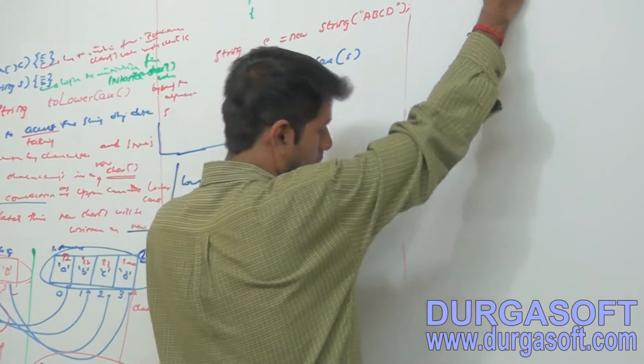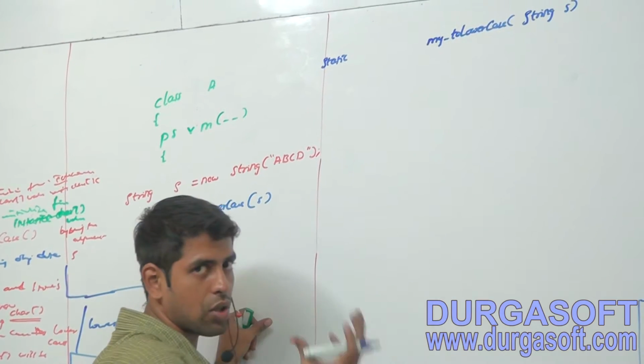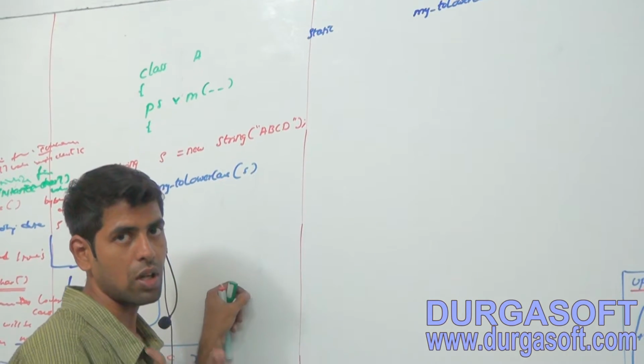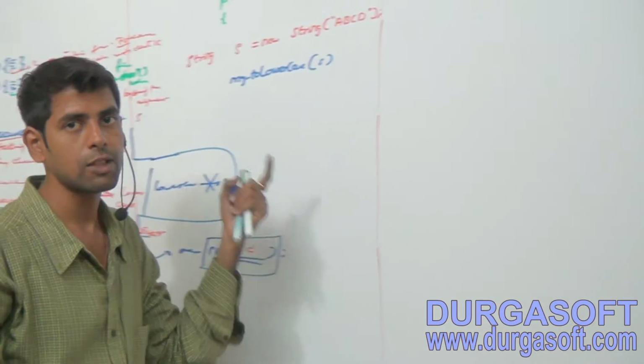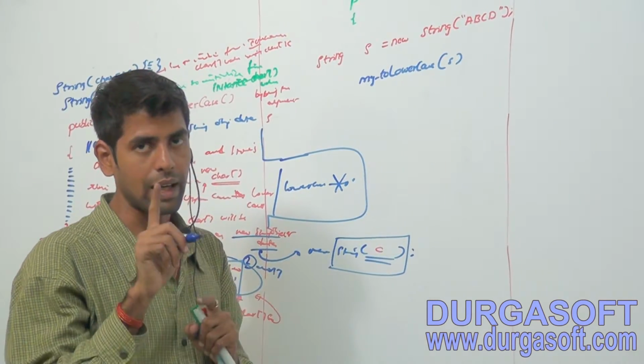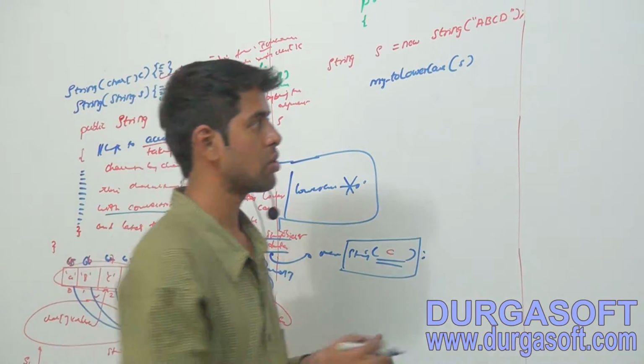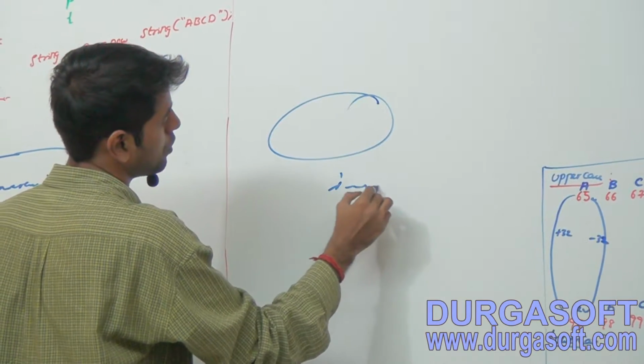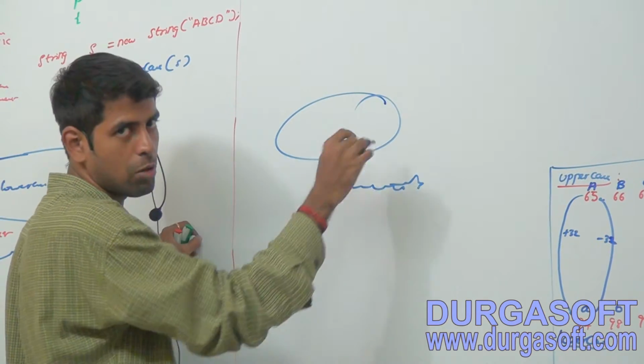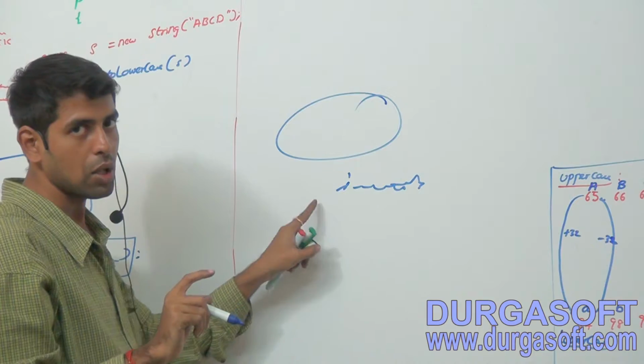Now think that this method is returning a new string object. Why? To make string immutable. I have discussed that one. String is immutable because of methods implementation, not because of object ability.